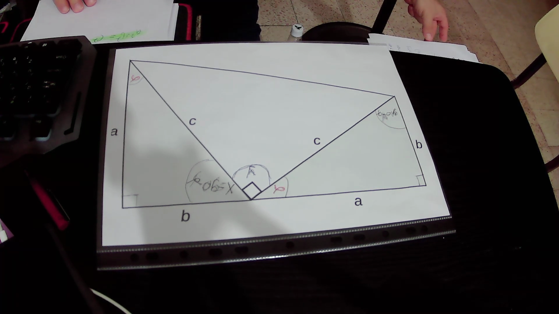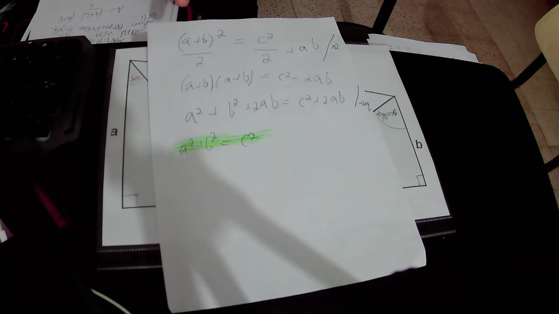So S equals S, therefore A plus B squared divided by 2 equals C squared divided by 2 plus AB. Okay, so we compare the two expressions that we got. Now we will multiply both sides of the equation by 2.